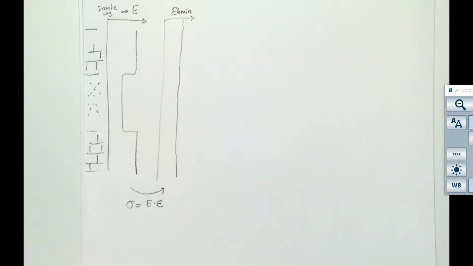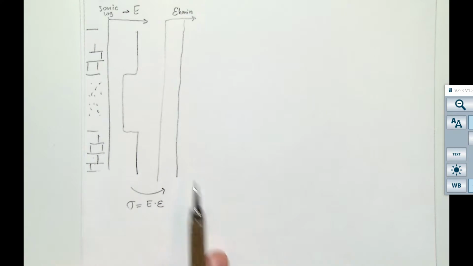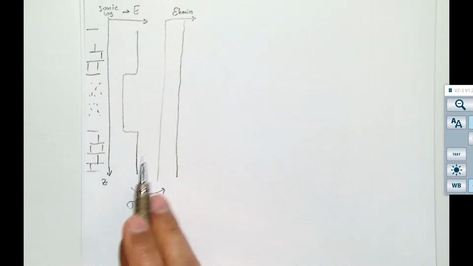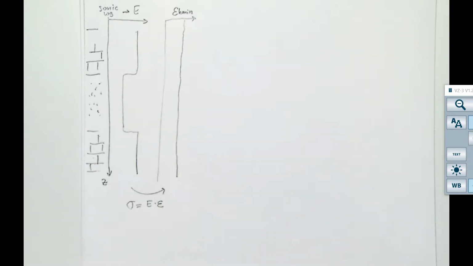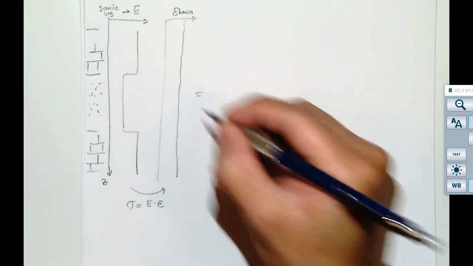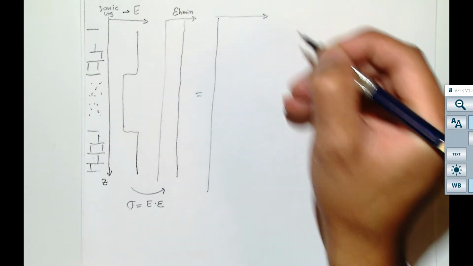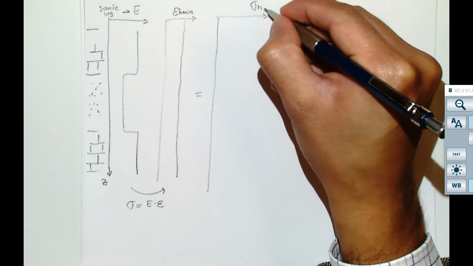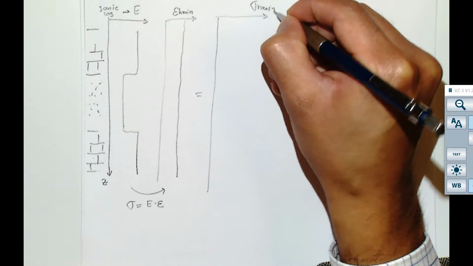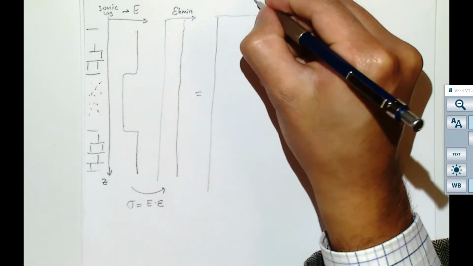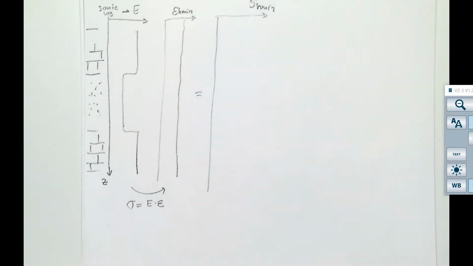So if we multiply something which is in this case constant with depth, and the Young's modulus varies with depth, what we're going to get is a total stress that also varies with depth.